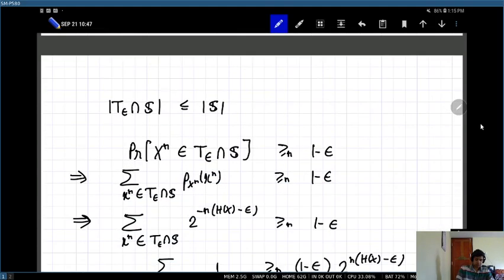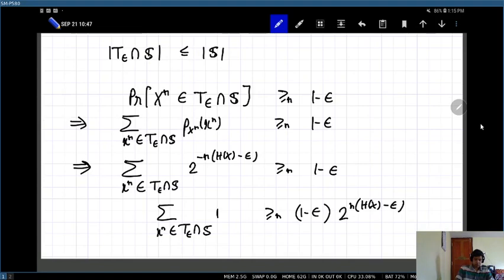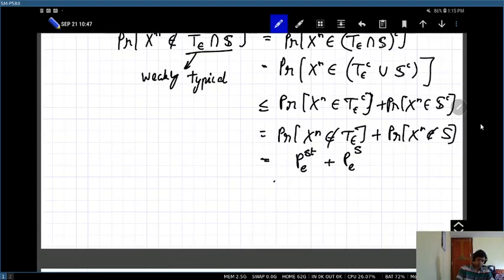Now what is the size of T epsilon intersection S? T epsilon intersection S has size less than or equal to that of S, and assuming that this total probability of error is less than or equal to epsilon as n tends to infinity, that's what I denote as less than or equal to epsilon subscript n.